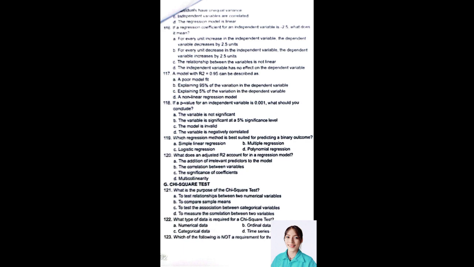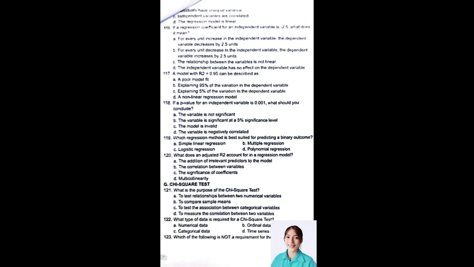So that's in option A, which is addition of irrelevant predictors to the model. Next is the test G, which is the chi-square test. So 121, what is the purpose of the chi-square test? So its purpose is to test the association between categorical variables.